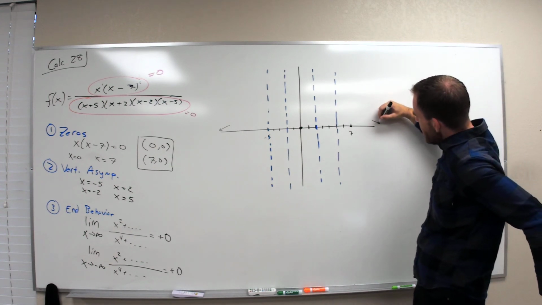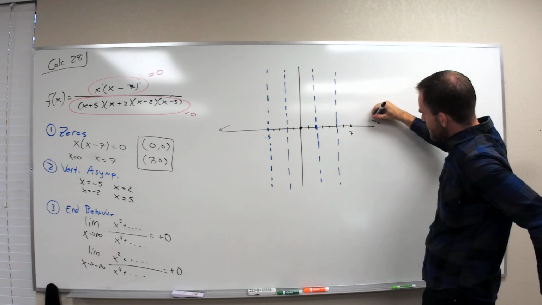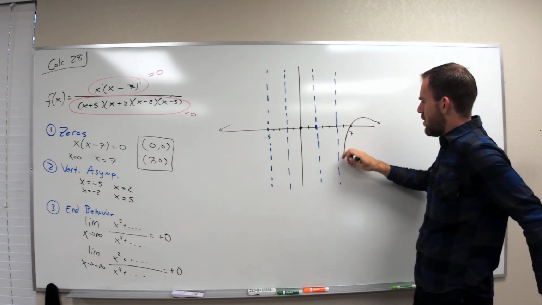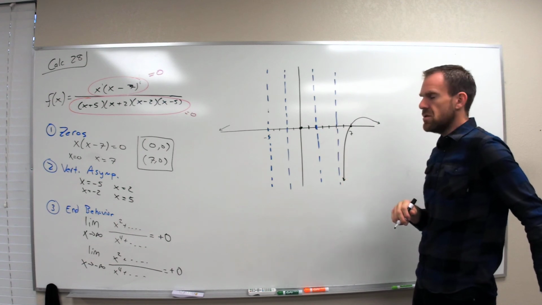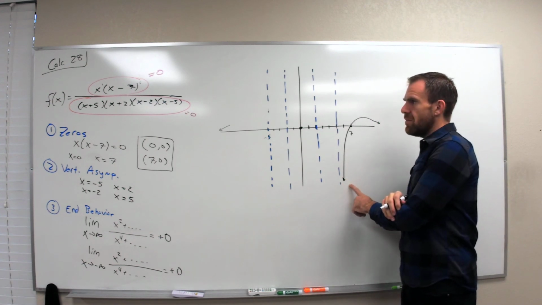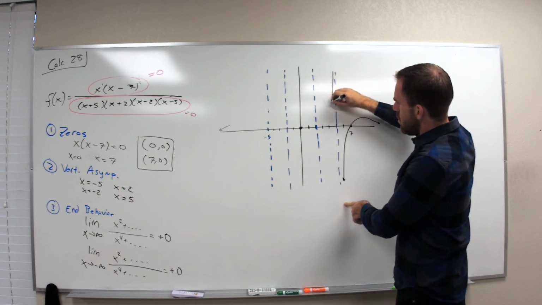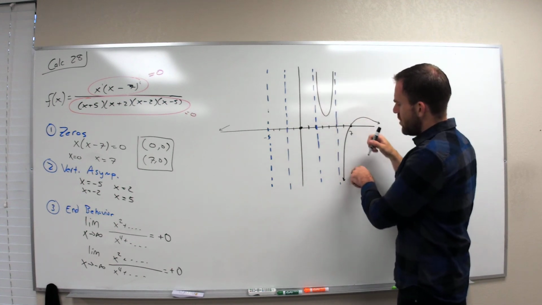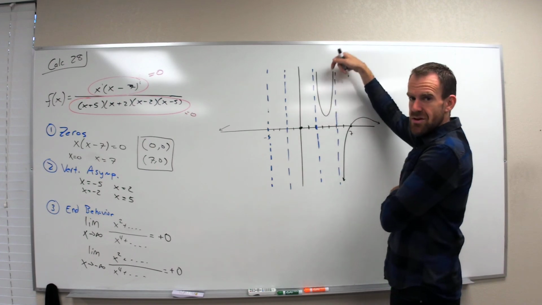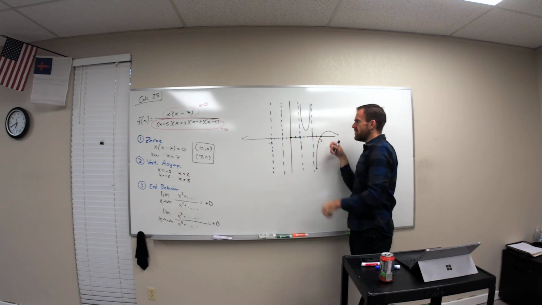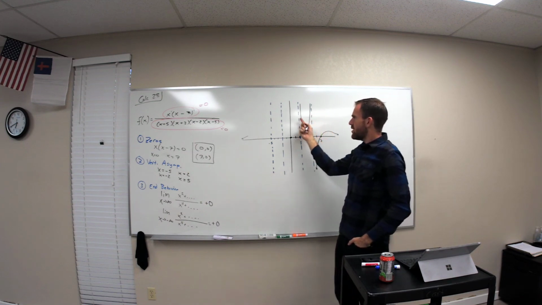Okay, so if I start here, and I know that I have a 0, I have to go through that 0. If I go through the bottom of an asymptote, I have to start at the top. So if you go down, you're still going down. Unfortunately, there's no zeros in here. So I have to loop back around and go back up.